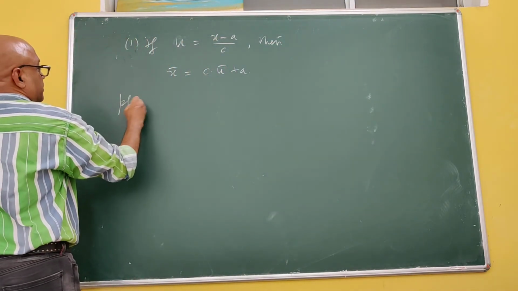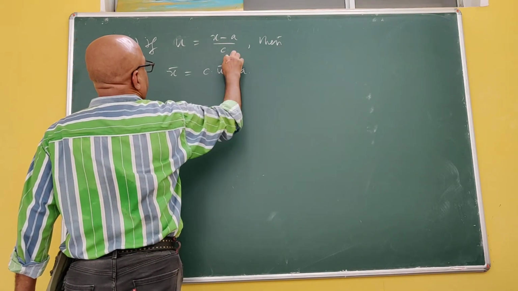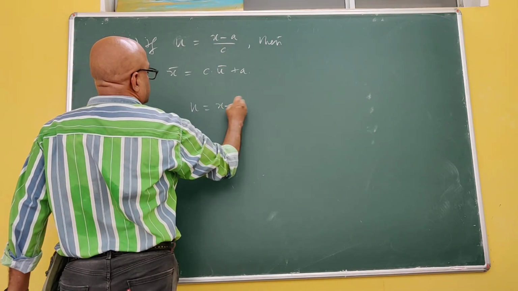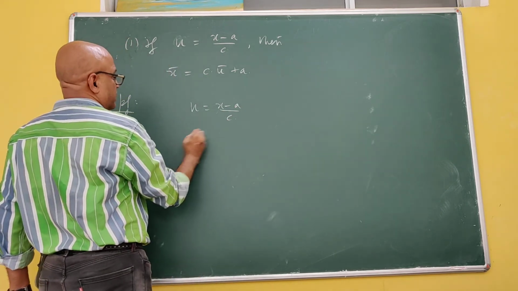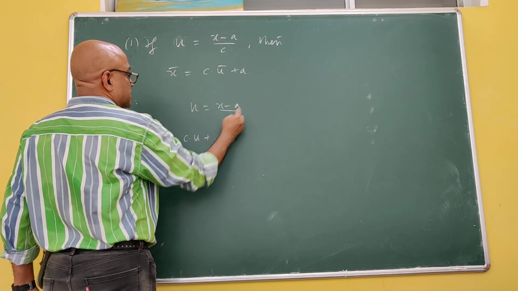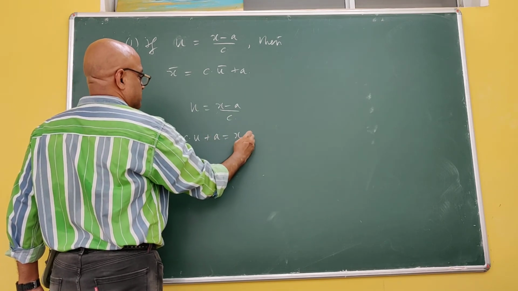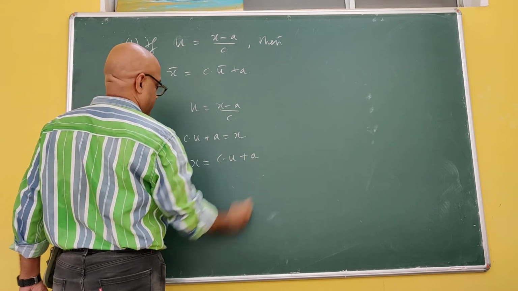Proof. Very simple. This is given. I have subtracted something, divided by something. So you have x minus a divided by c. So you multiply here by c, bring a this side, and you have x is equal to c times u plus a.